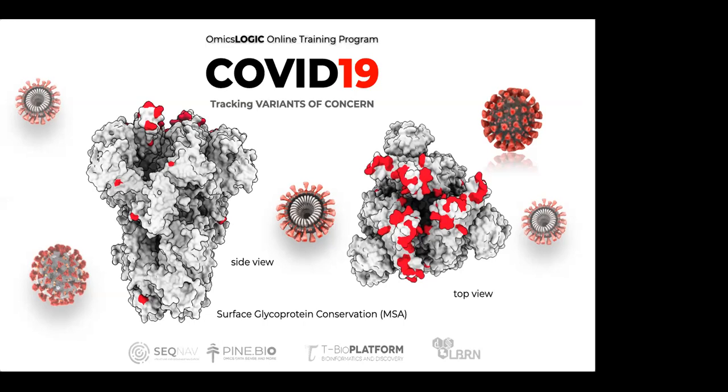So today we will also discuss on the later part of this presentation the application of NGS data for the application of understanding the different aspects of COVID-19 genomic analysis.